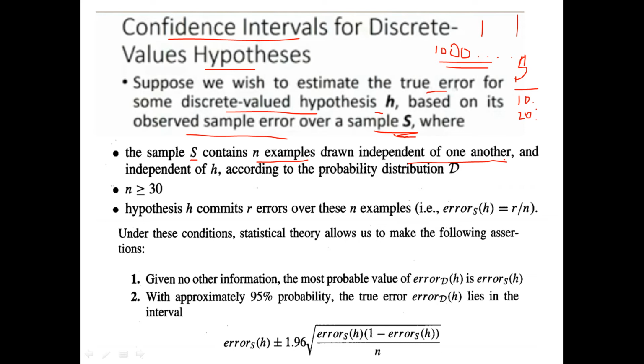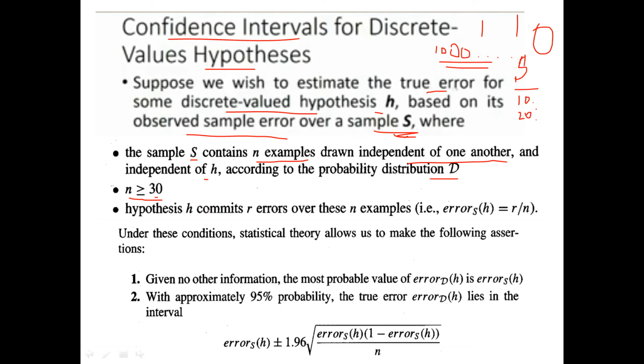Randomly you are picking, according to the probability distribution, so it has to obey the same distribution of our entire population. Next important thing, we are assuming n is greater than or equal to 30, so you should have at least 30 data samples in one sample.